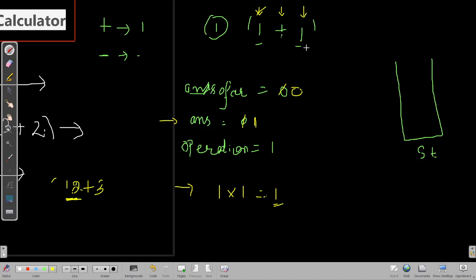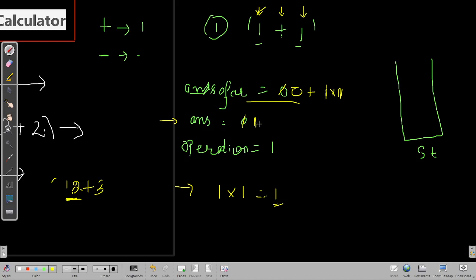Now we check if it is a single digit or a consecutive digit. We can say it is a single digit. So as we did in that position, the answer so far plus the digit that we have, which is 1, multiplied by the operation, which is 1. So 1 into 1 is 1, and 1 plus 0 is 1, and after calculating the answer so far, we add this to our answer.